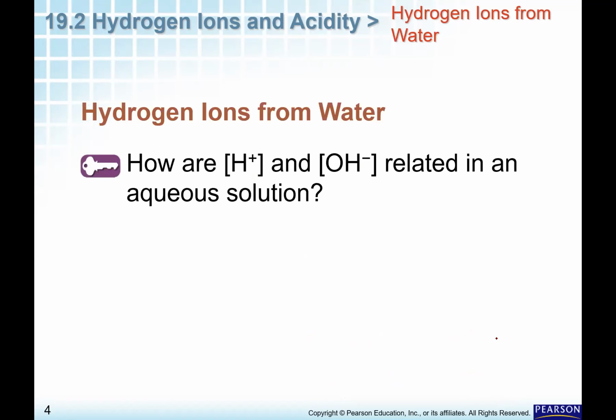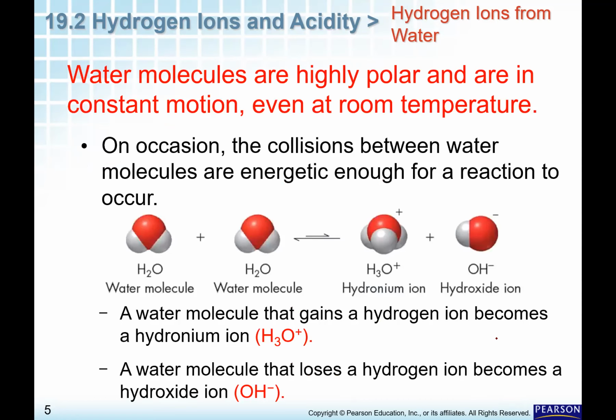All right, now going on to the relationship between the hydrogen ion and the hydroxide ion in solution. We have to consider something that is already known, which is the fact that water molecules are, first of all, highly polar.